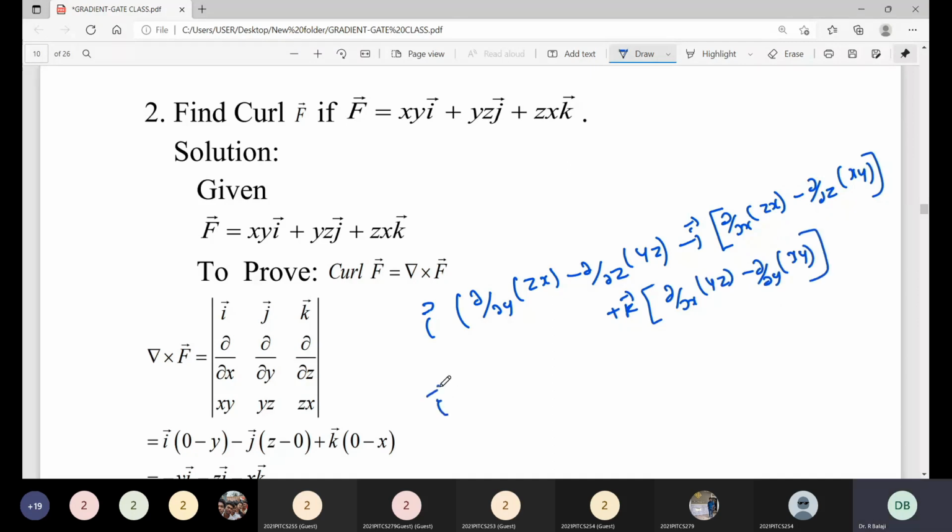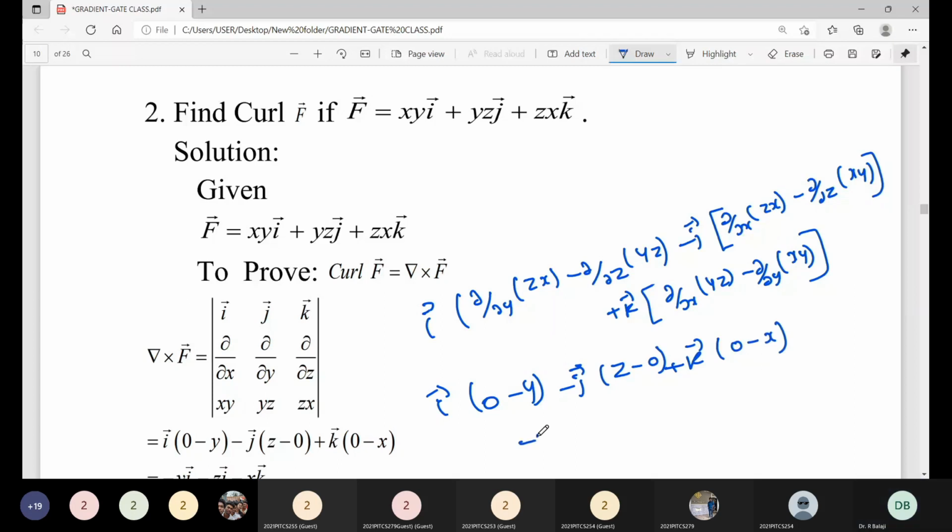i vector into, here we are not able to differentiate zx with respect to y, since z and x are constant in partial derivation, it is 0. Then minus of yz can be differentiated with respect to z, giving y. So here 0 minus y, minus j vector into z minus 0, plus k vector into 0 minus x.